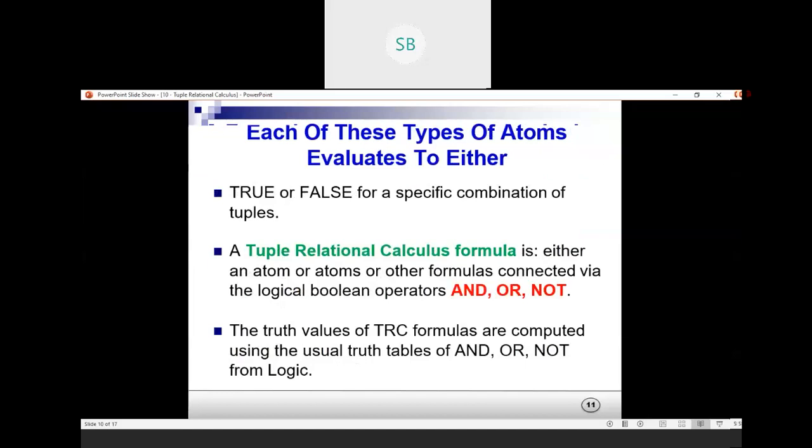Later we told you that logical operations like and, or, not are also possible, which we studied in class 11 or 12 in physics. All these things we can use in tuple relational calculus. We can also use the symbols for them.